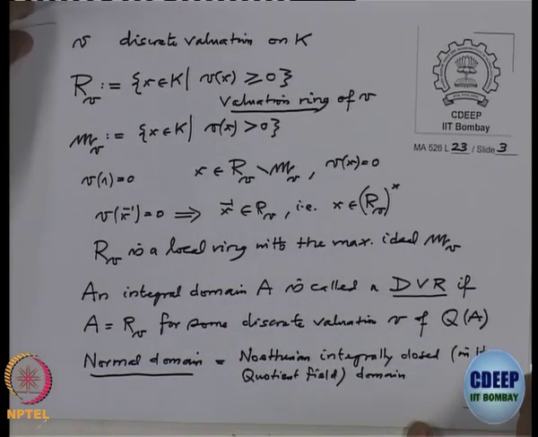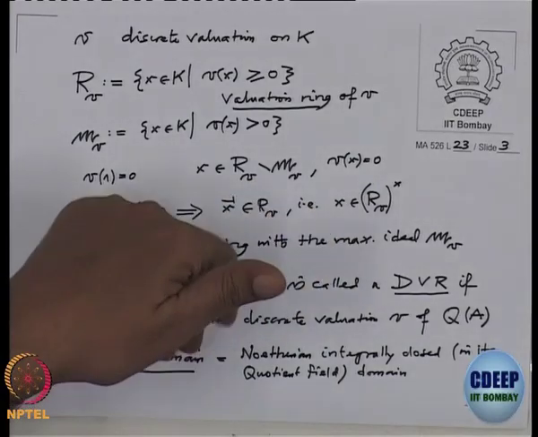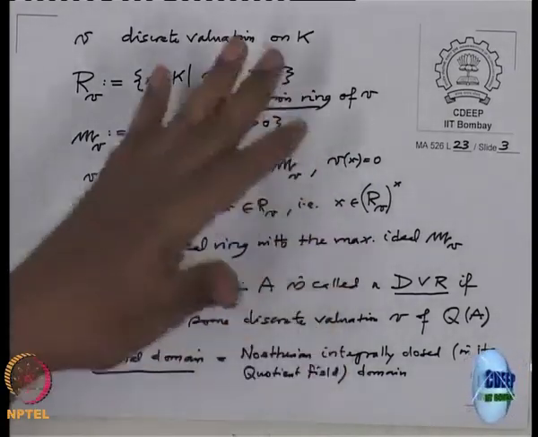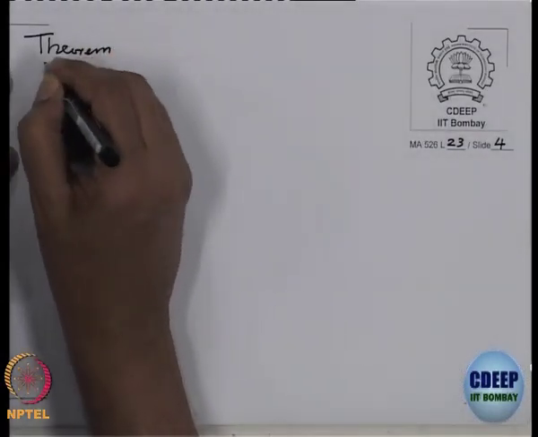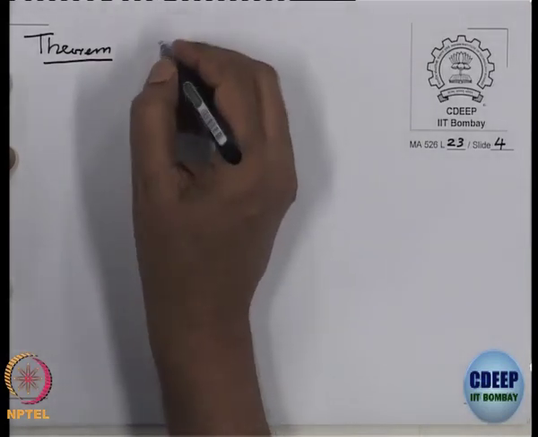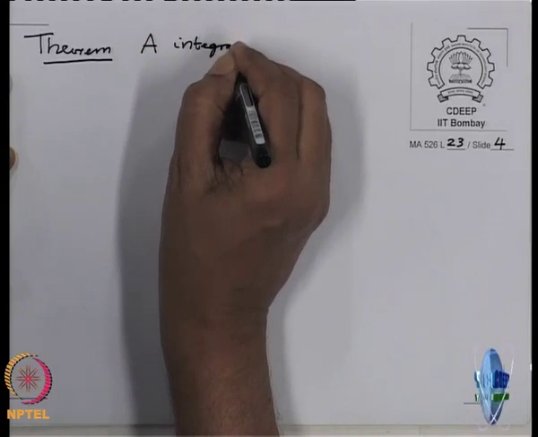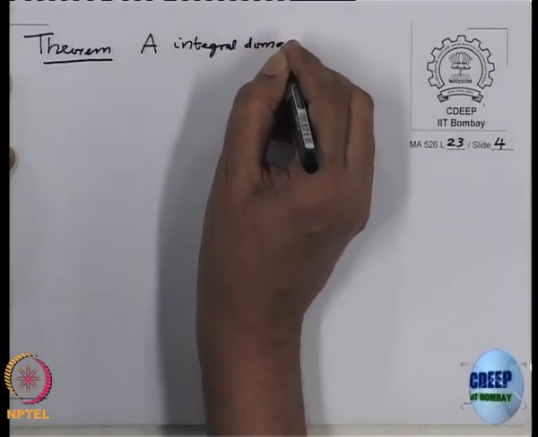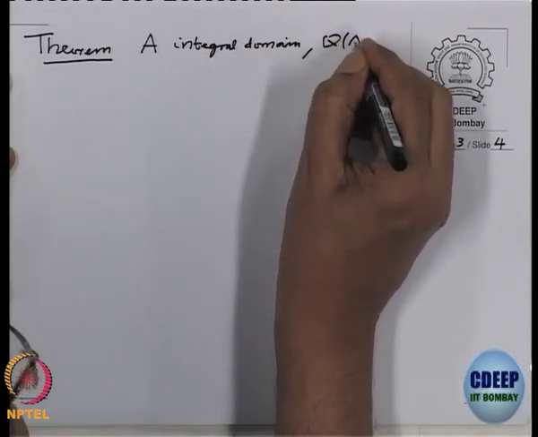So, now we want to see what is the relation between DVR, normal domains and dimension and so on. So, that is the theorem. This theorem we will prove. This gives a characterization of discrete valuation rings. So, A is an integral domain, and Q(A) is the quotient field.